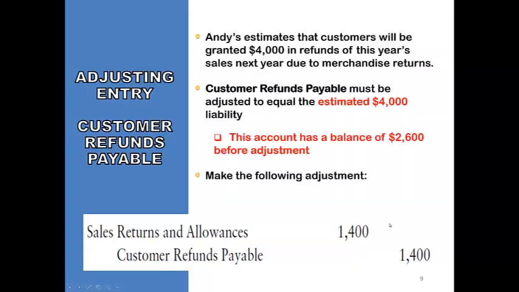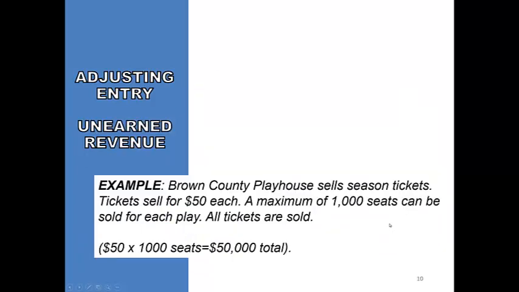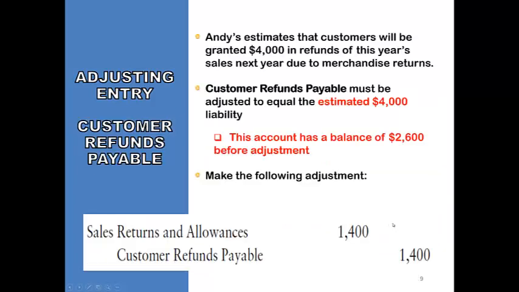Next, we'll look at the adjustment for customer refunds payable. Customer refunds payable are refunds to be paid to customers next year that resulted from sales that happened in the current year. So this adjustment corrects two accounts.